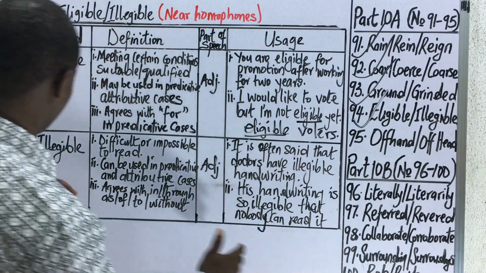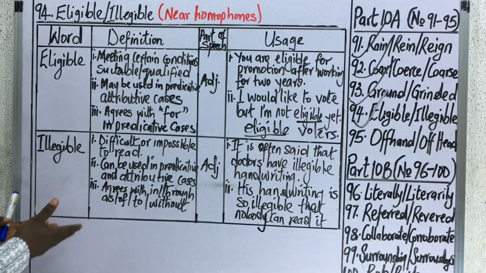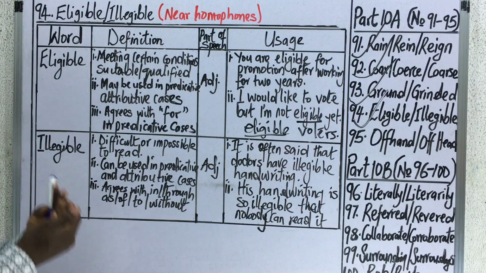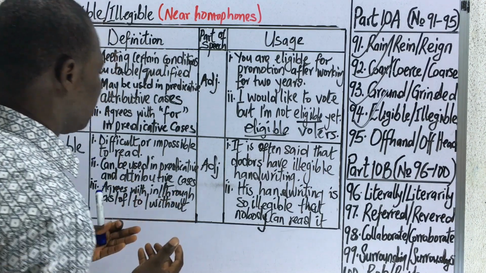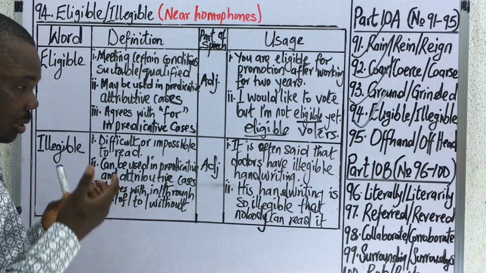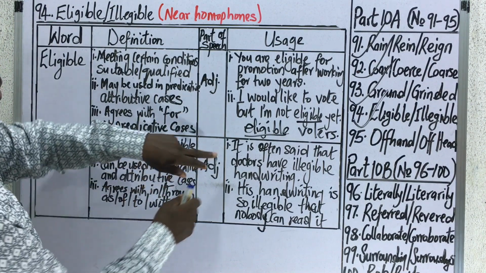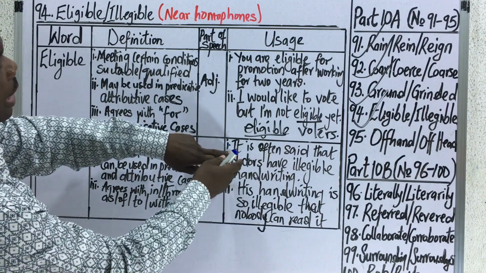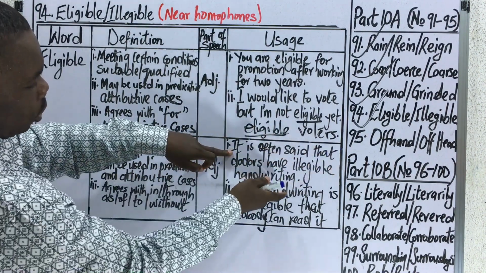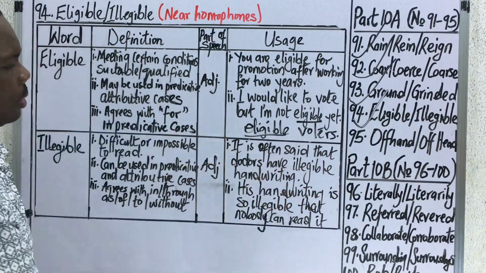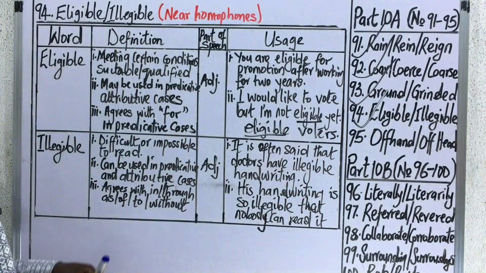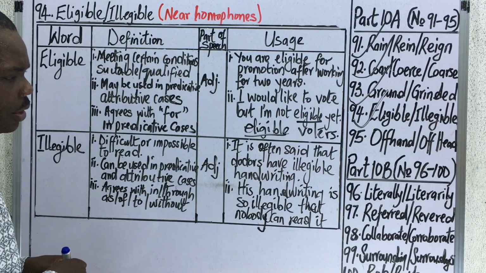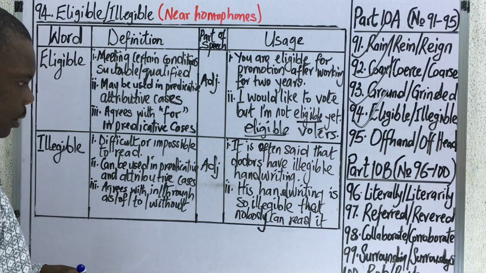Then coming to the second word, illegible, we said when something, especially a handwriting, is impossible or difficult to read. So here we have an expression like, it is often said that doctors have illegible handwriting. That's going to say that the handwriting of doctors is sometimes very difficult to read.